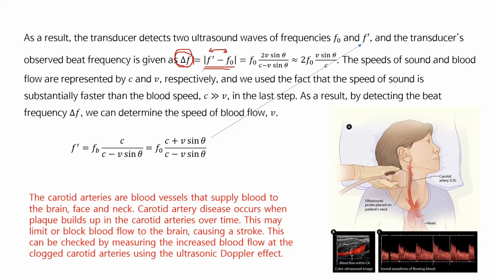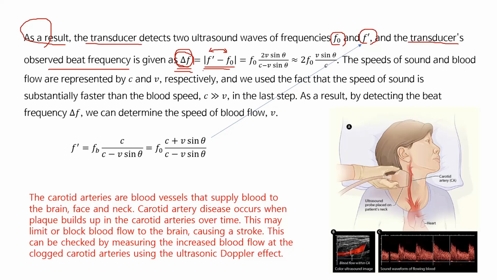The beat frequency is the difference between the two frequencies. As a result, the transducer detects two ultrasound waves of frequencies F0 and F prime, and the transducer's observed beat frequency is given as the difference between the two frequencies.